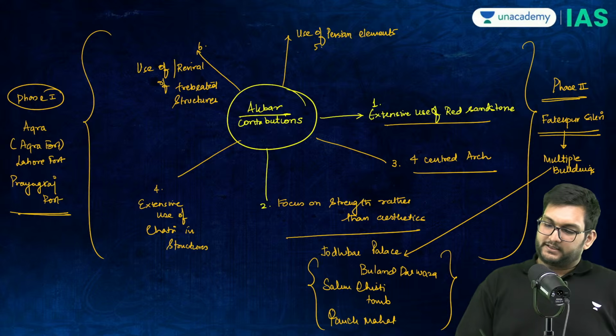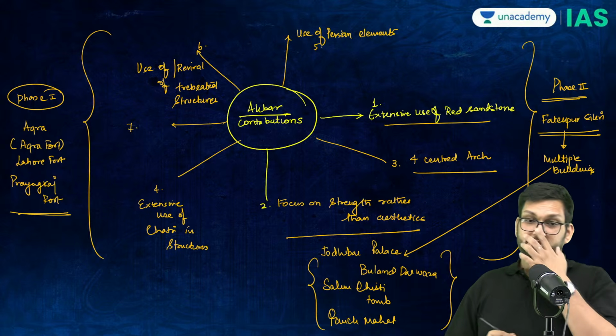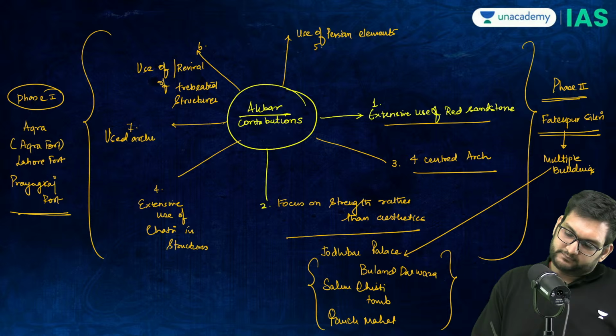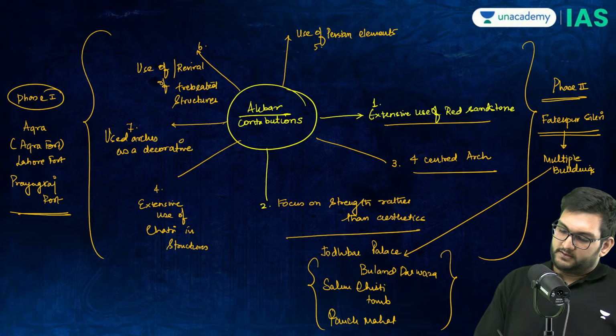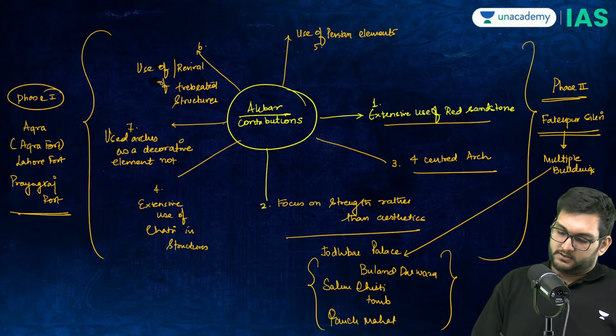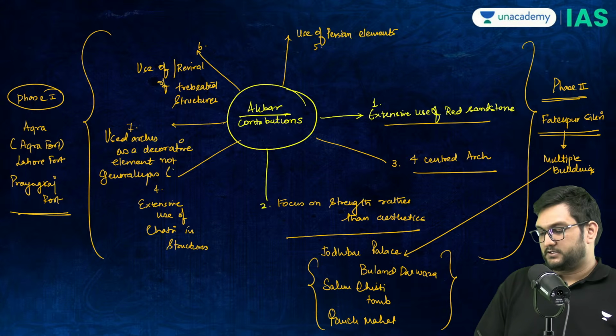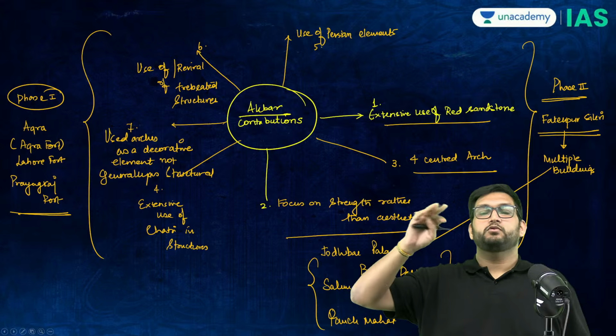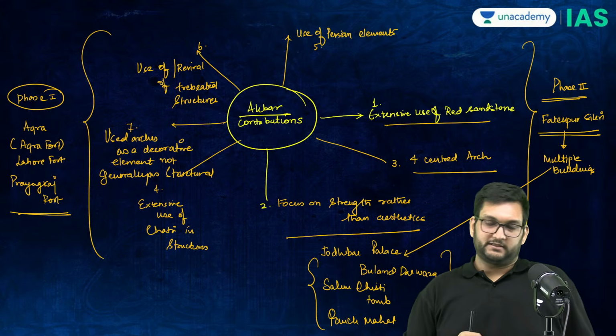One more interesting thing about Akbar was that he used arches as a decorative element, not generally as structural, meaning he started to add arches just to decorate the whole structure itself.